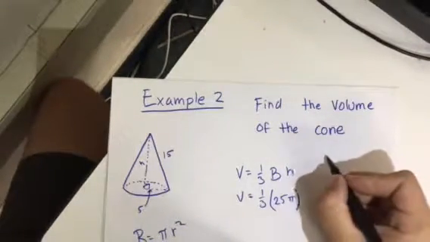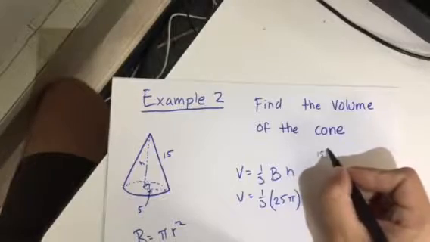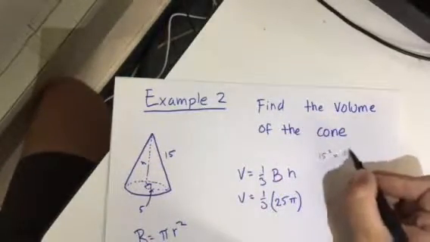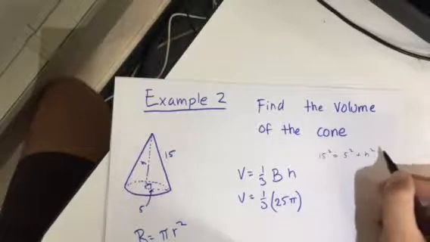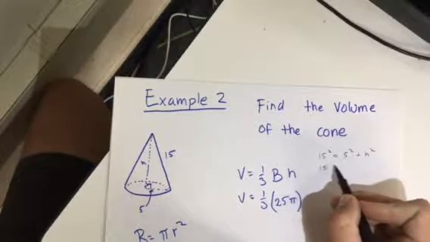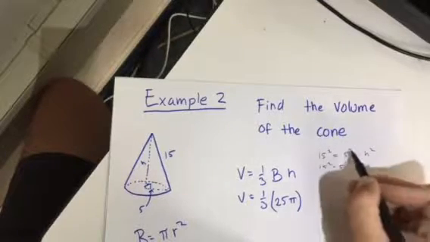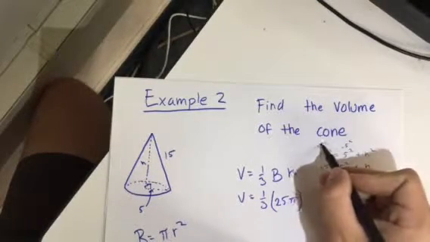Our slant height, 15 squared, equals our 2 legs, 5 squared plus h squared. So it's going to be 15 squared minus 5 squared equals h squared, because we're going to subtract 5 squared from both sides.